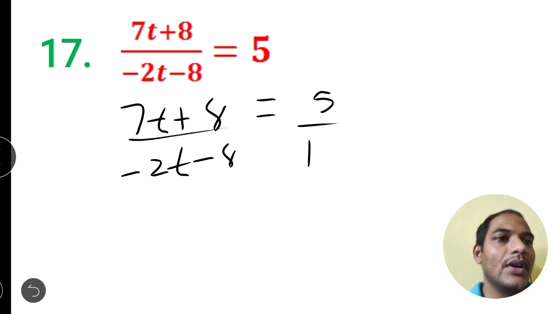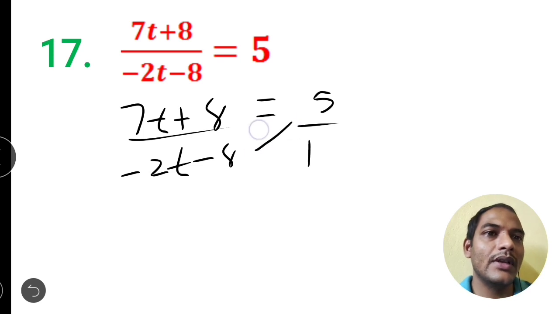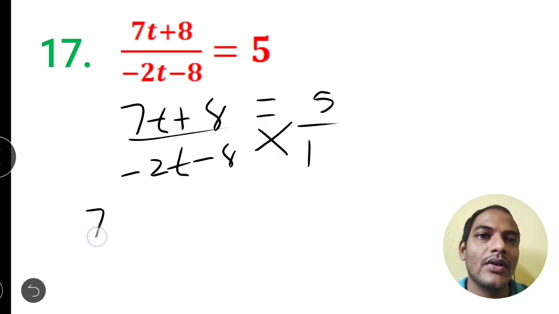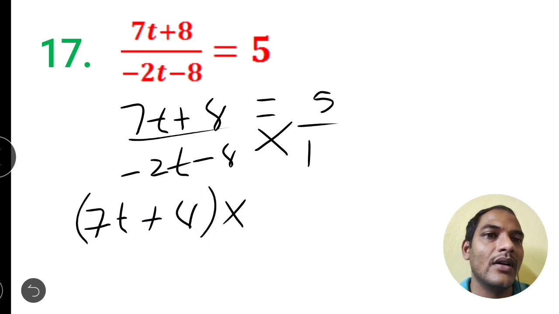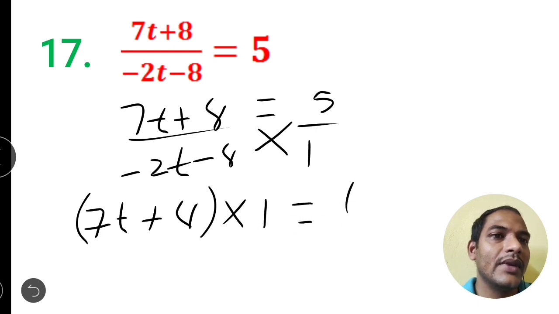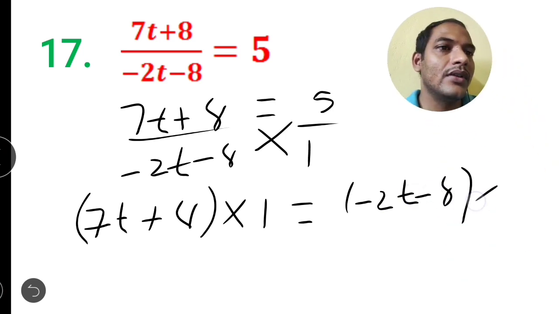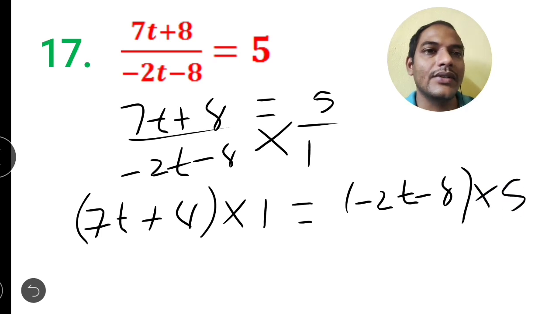In this case what we have to do is cross multiplication. The numerator of the left side fraction multiplies with the denominator of the right side fraction. Next, the denominator of the left side fraction multiplies with the numerator of the right side fraction.